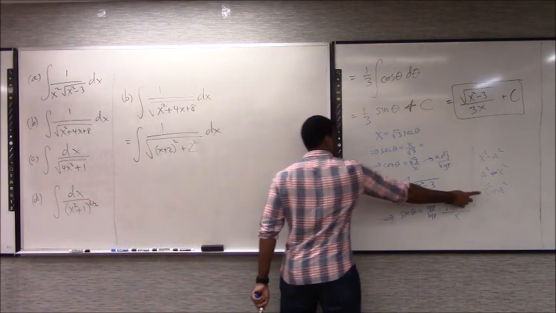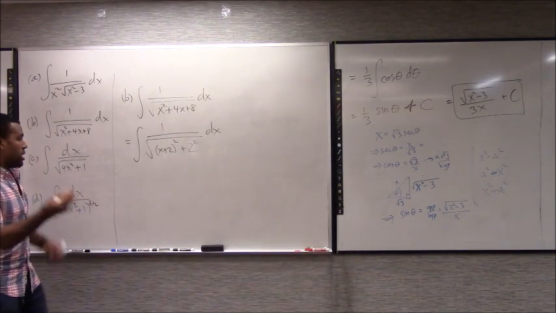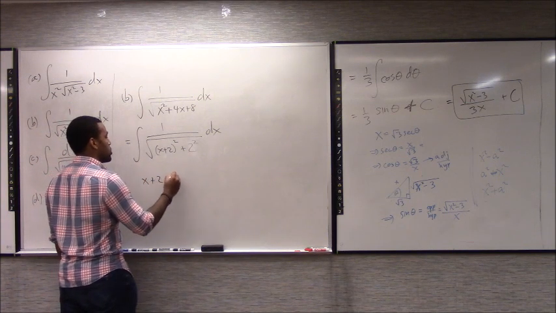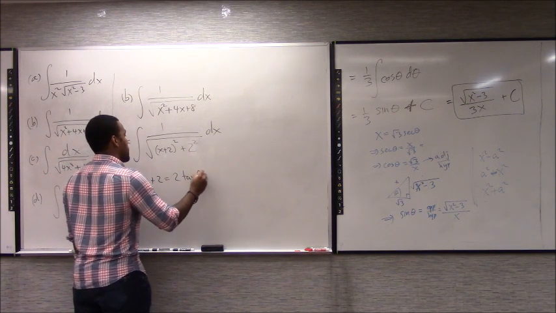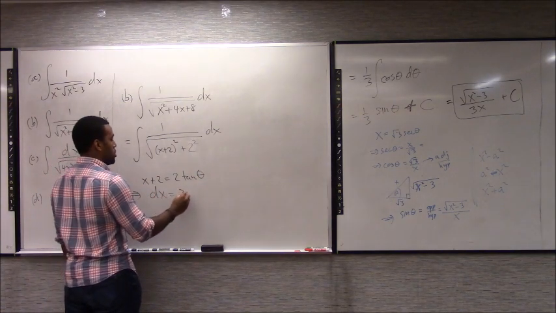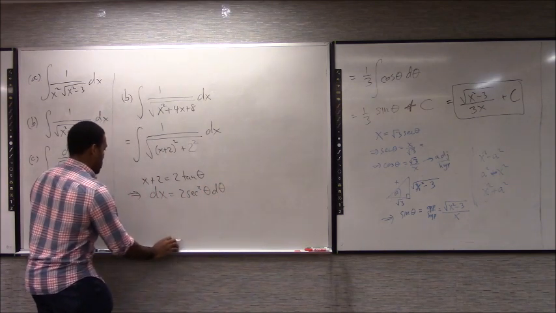That reminds us of this guy, which tells us that we can make this a tangent substitution with x plus 2 as the variable. So I can set x plus 2 equal to 2 tangent theta. Differentiate both sides: dx equals 2 secant squared theta d theta, and then we start to plug these guys in.